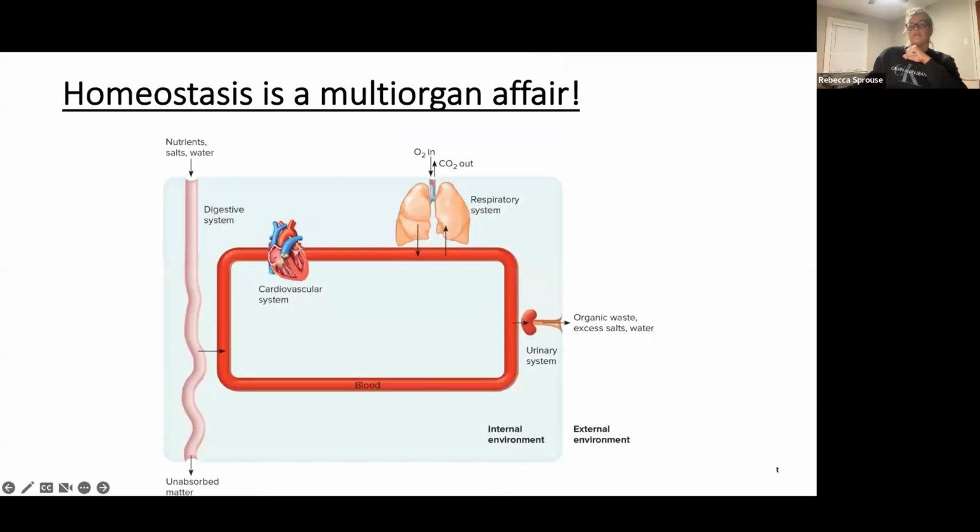So just know, and this is something that's going to be really important this term in this class, homeostasis is a multi-organ affair, and it is because it involves all kinds, right? So for example, let's just say that we have nutrients, salts, and water coming in our digestive tract because we've eaten something, drank water, all of that kind of thing, right? We've ingested things.